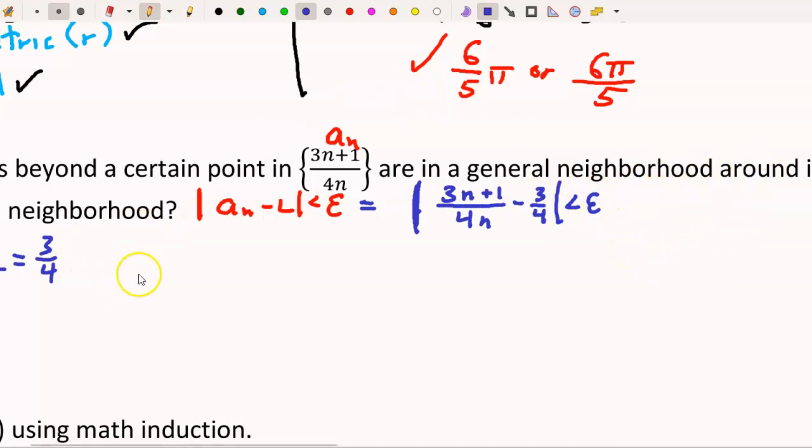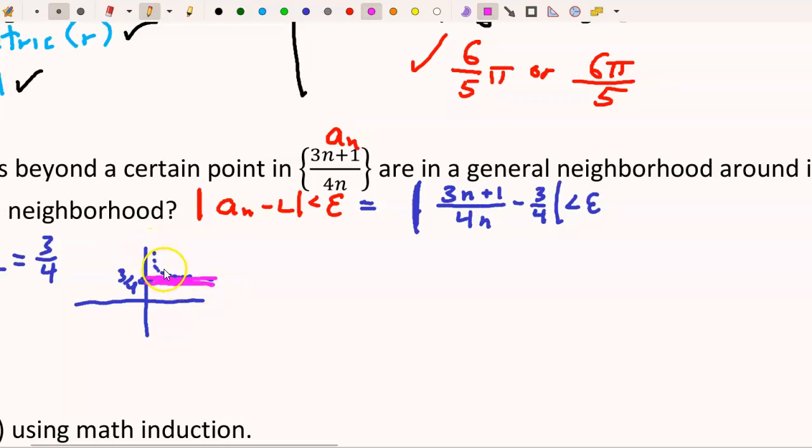So if we're graphing this, it's probably doing something that looks something like this, and it starts leveling out. We know the limit is 3/4, and we have this small, small, small, tiny shaded region, and we're trying to figure out when do these blue dots actually enter inside of here, with this only being 1/1000th, 0.0001. So very, very small.